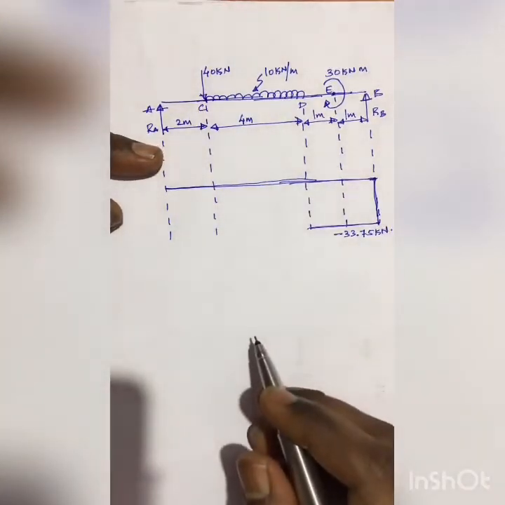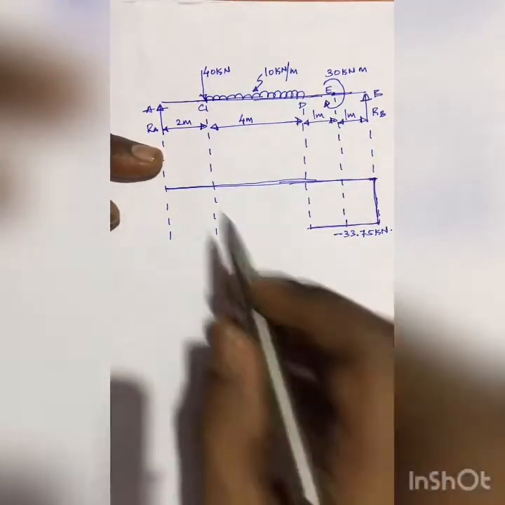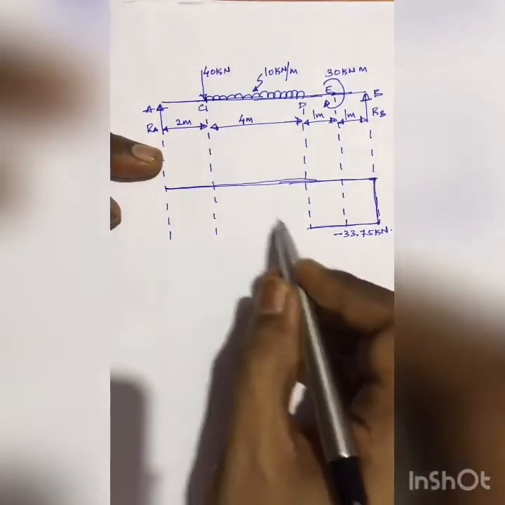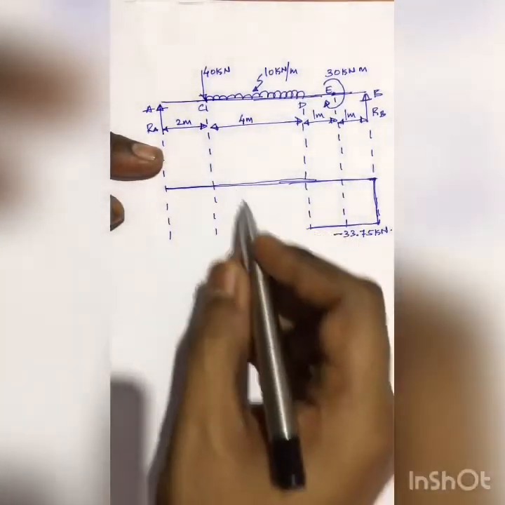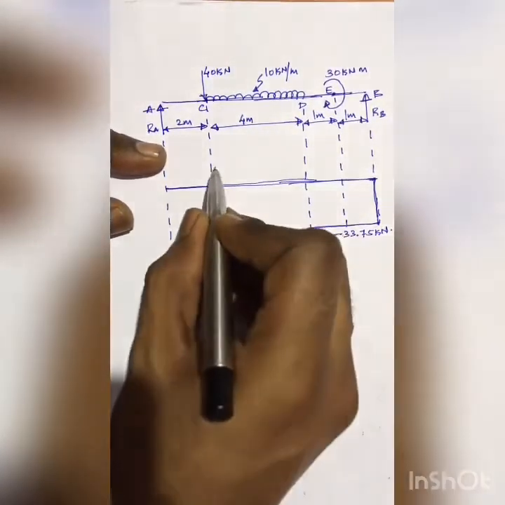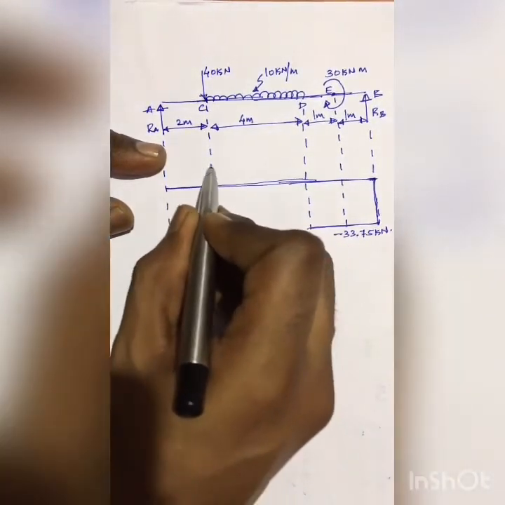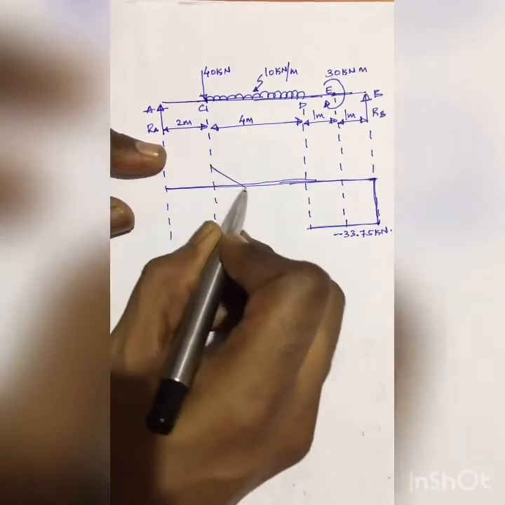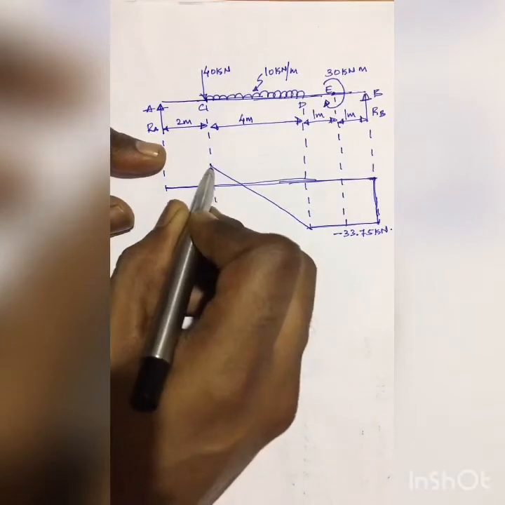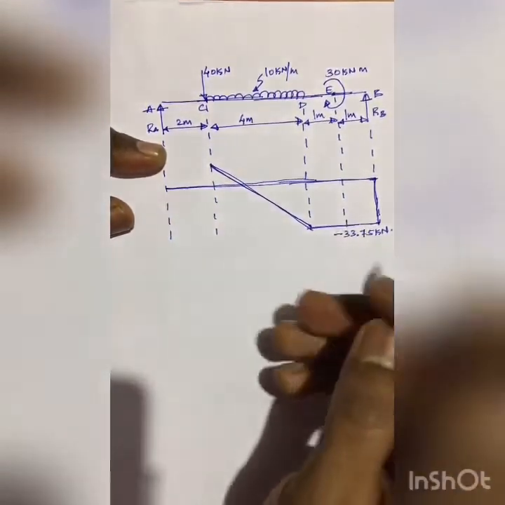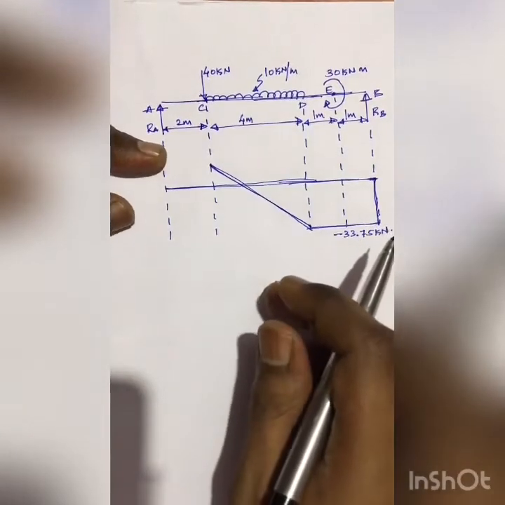Next, I have found out its value at C first, neglecting this 40 kilonewton, and I got the shear force at C as 6.25 kilonewton, which varies from D to C in a uniform linear manner.